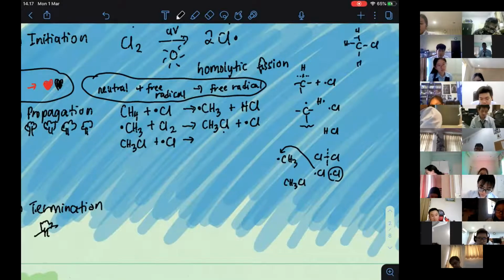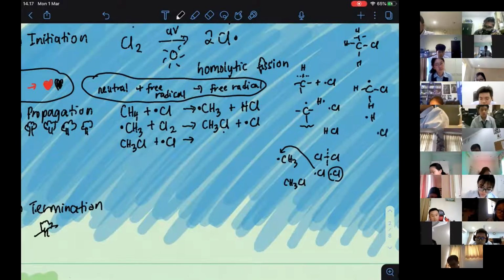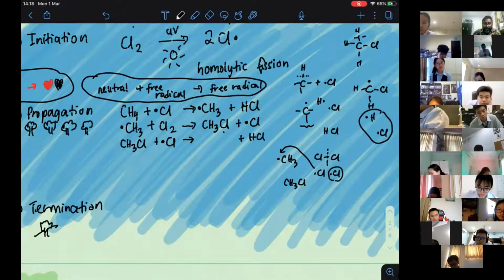So the bond over here will break. So you will have C dot ClH, and then the H will be dot, and it is reacting with free radical Cl. These two will join to give you HCl, leaving behind CH2Cl free radical.